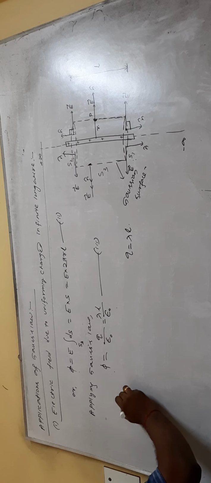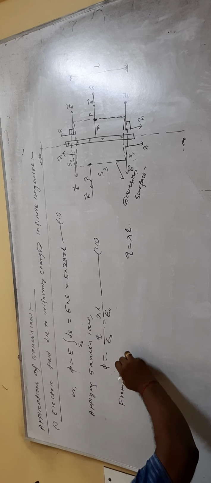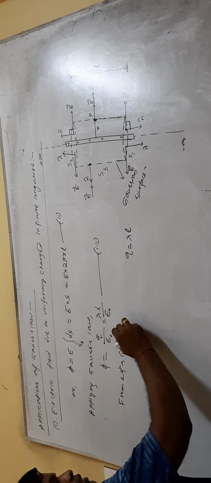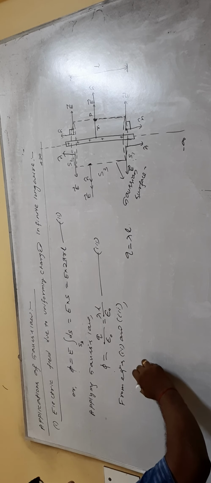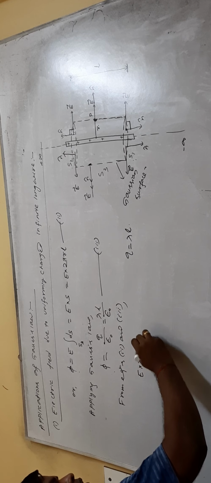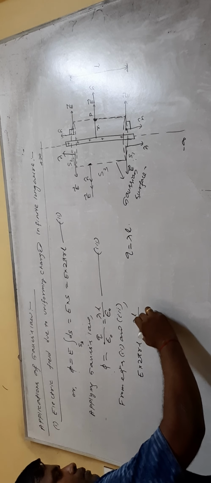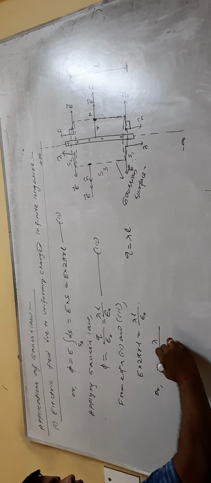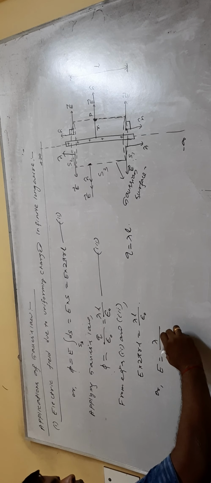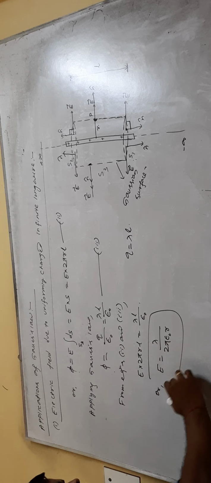From equations 2 and 3, you got E into 2 pi RL is equal to lambda L by epsilon 0, or E is equal to lambda by 2 pi epsilon 0 R.